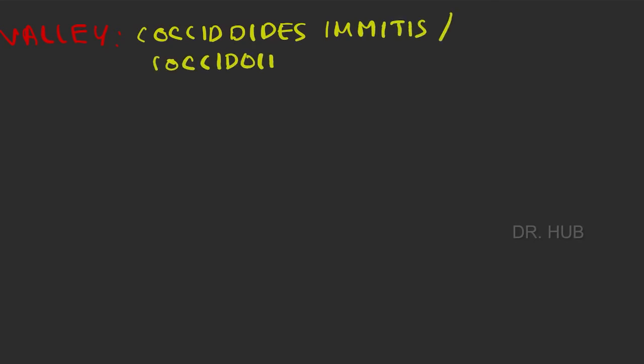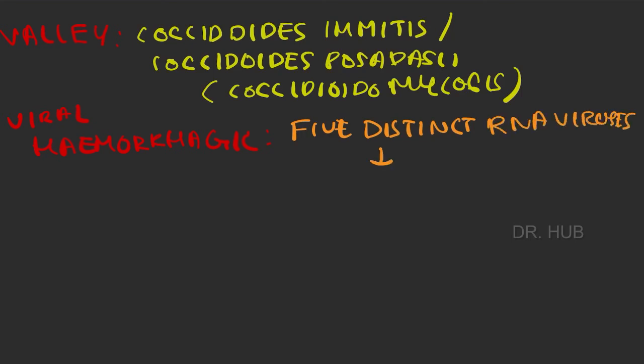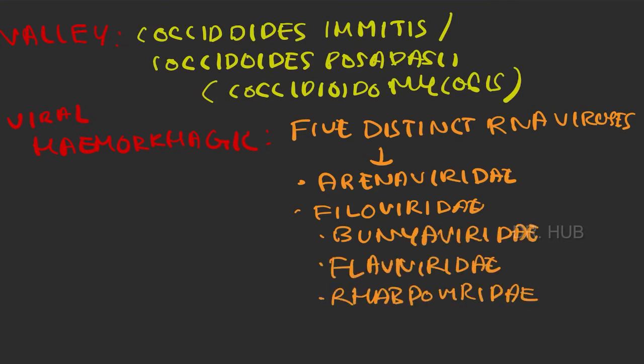Next, looking at the valley fever. This is seen in case of Coccidioides immitis or Coccidioides posadasii, coccidioidomycosis. Then we have the viral hemorrhagic fever. This is seen in case of 5 distinct RNA virus families, that is the arenavirus, filoviridae, bunyavirus, flavivirus, as well as rhabdoviridae.